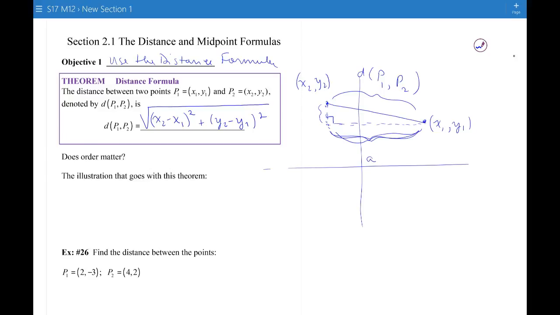If you call this side A and this side B, you'd have a squared plus b squared is c squared. The order doesn't matter because x sub 2 minus x sub 1 squared equals x sub 1 minus x sub 2 squared. We tried this out and figured out that as long as you're squaring, the result is the same, whatever the order is. And the order of these two terms doesn't matter because there's a plus.